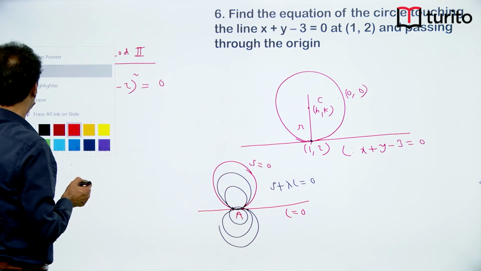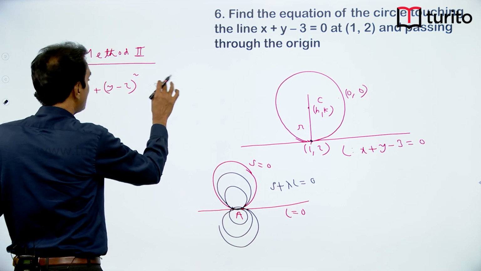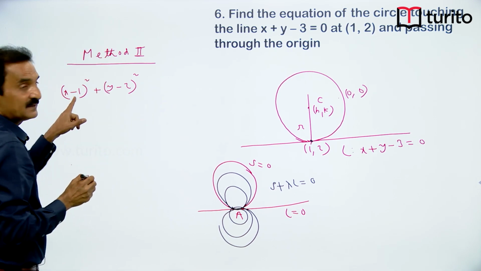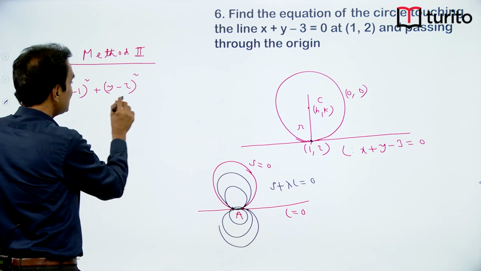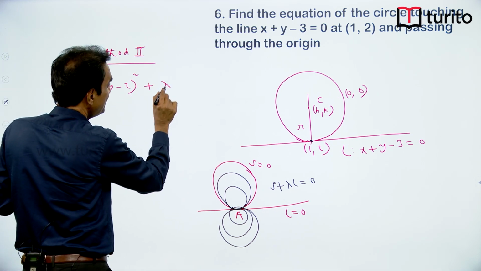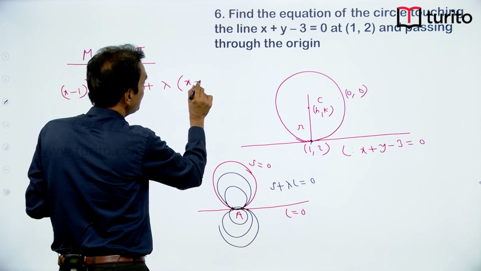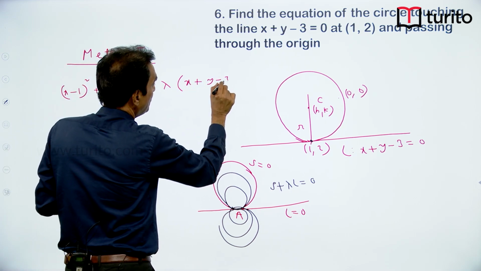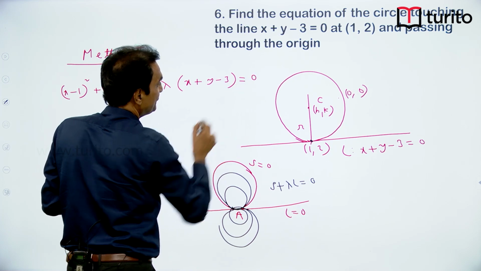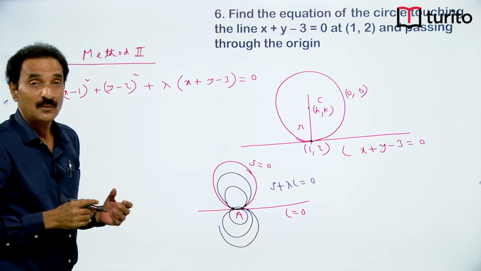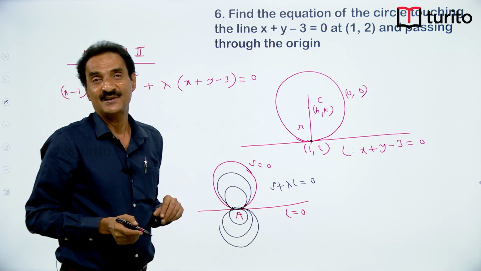So, I will take the required circle as S plus lambda into L, x plus y minus 3 is equal to 0. Now, this circle passes through the origin.